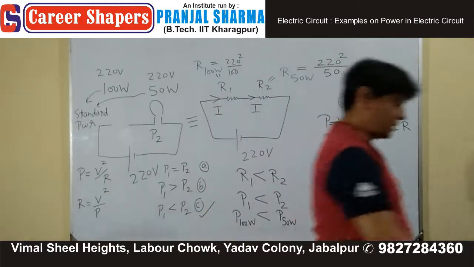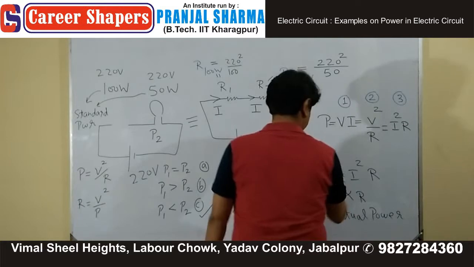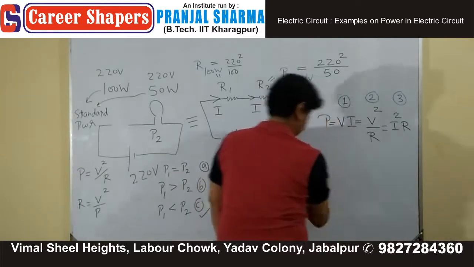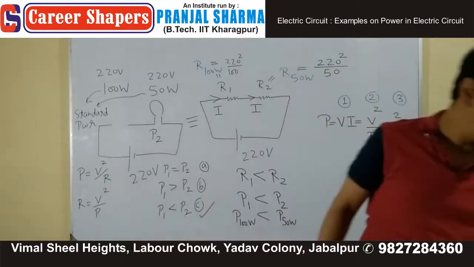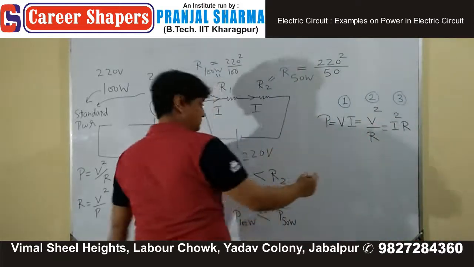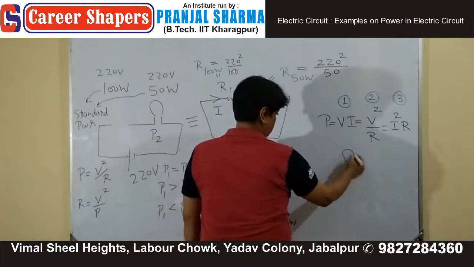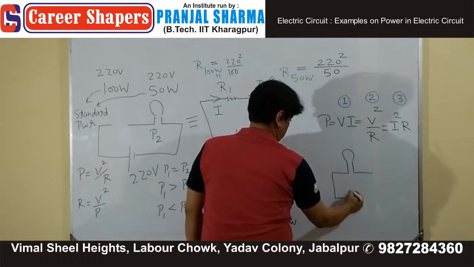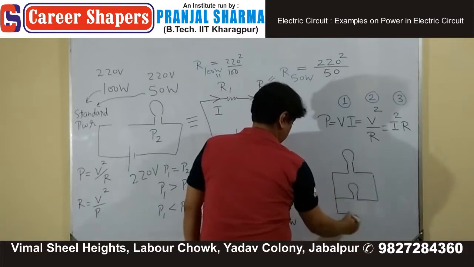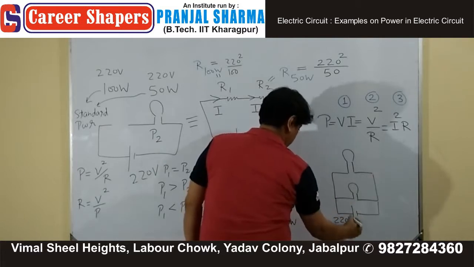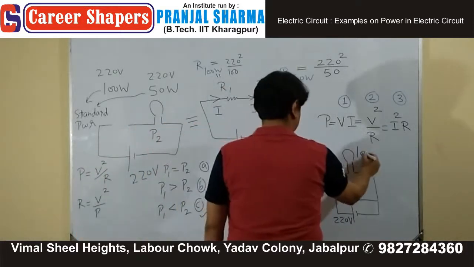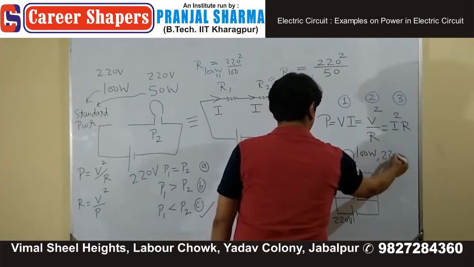So if things are connected in parallel, it will look like this. If you connect these bulbs in parallel combination to a power supply of 220 or whatever, it doesn't matter. This is your 100 watts, 220 volts.